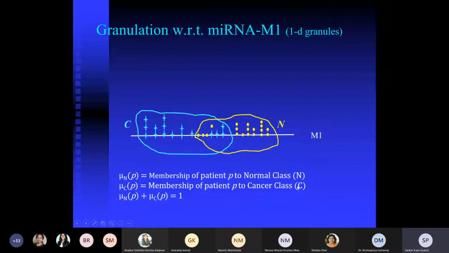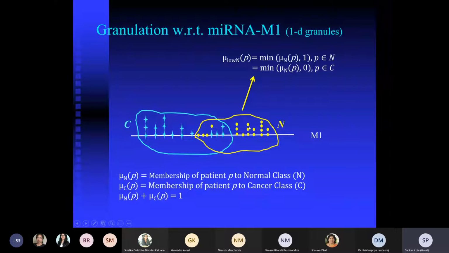It is a normalized value so that the two membership values add up to 1, because that patient will be either from normal or from cancer. So if we normalize them, the summation will be 1. Now for every patient, whether normal or cancer, I have membership values for both classes.